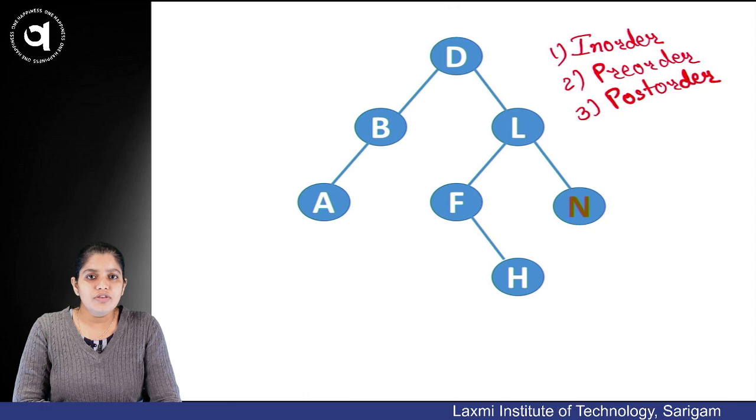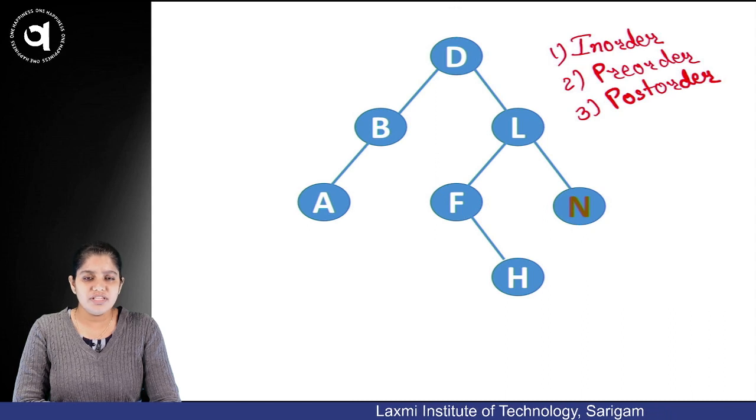These traversers are used for traversing if you want to search for any particular key, or if I want to add some new thing. So that's why we first need to traverse the entire tree. For the traversing purpose we have 3 options: Inorder, Preorder and Postorder.